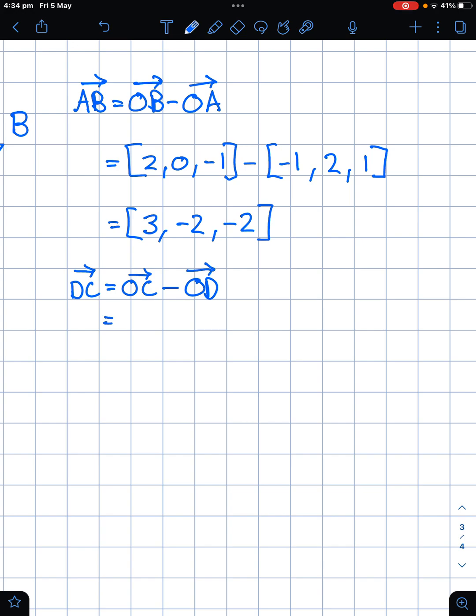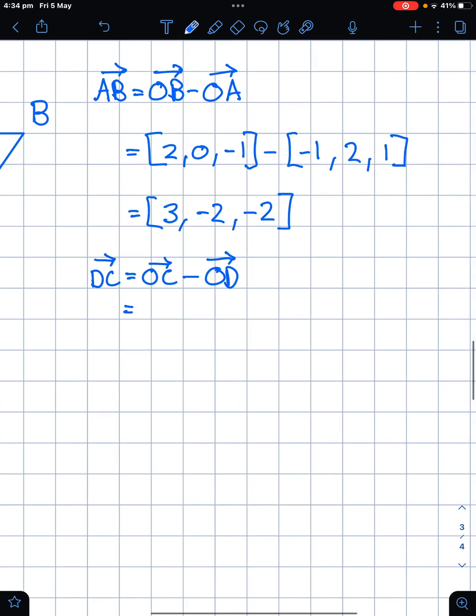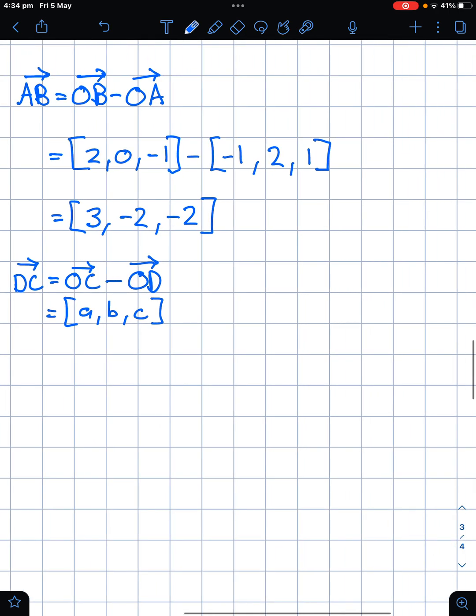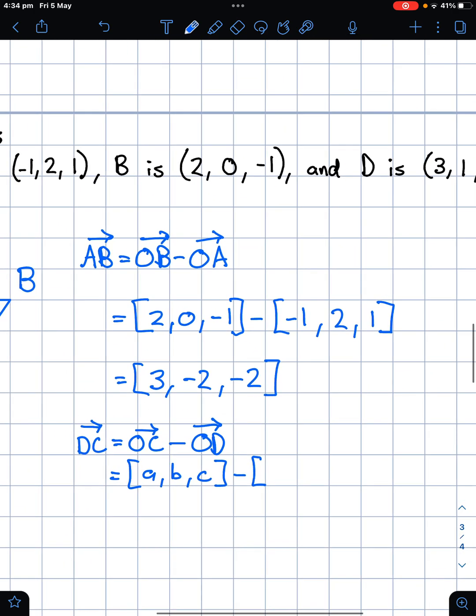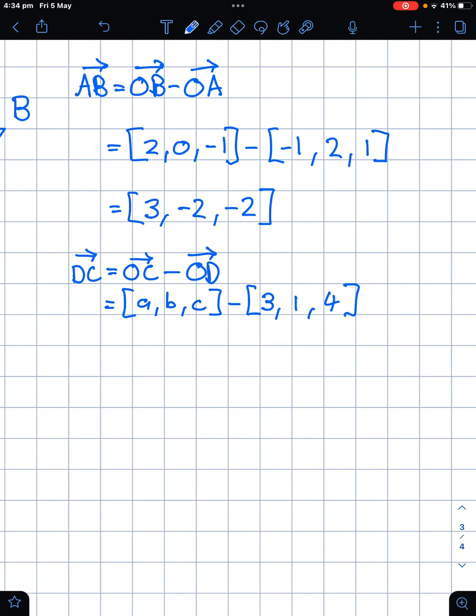We don't have the coordinates of OC, so we're going to find them. We'll just pick 3 letters, A, B, and C, or we could use X, Y, Z. Then minus our OD, which is (3, 1, 4). This means the DC vector is going to be A minus 3, B minus 1, and C minus 4.